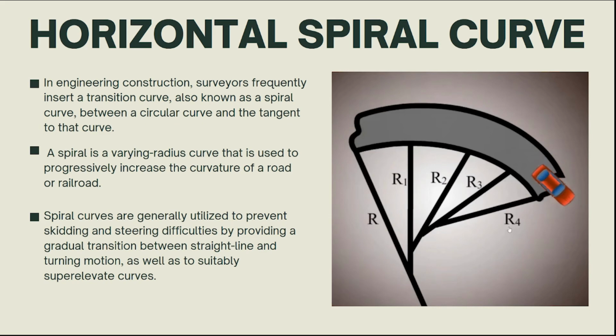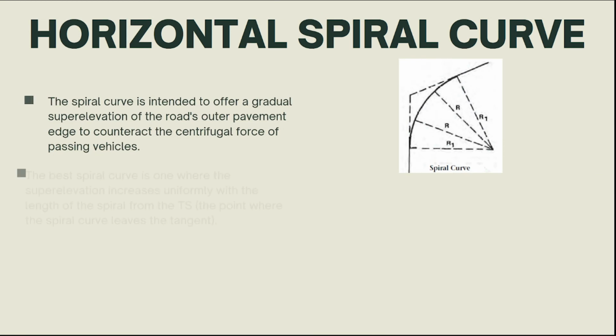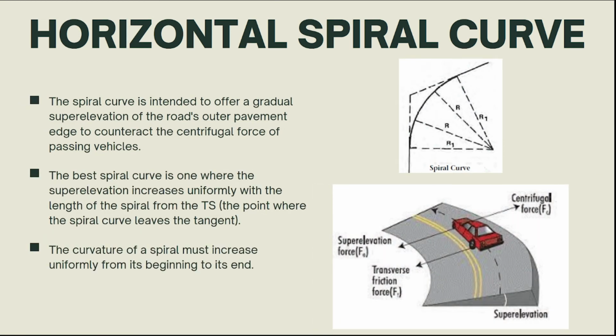In engineering construction, the surveyor often inserts transition curves between a circular curve and the tangent to that curve. The spiral curve is designed to provide for a gradual superelevation of the outer pavement edge of the road to counteract the centrifugal force of vehicles as they pass.